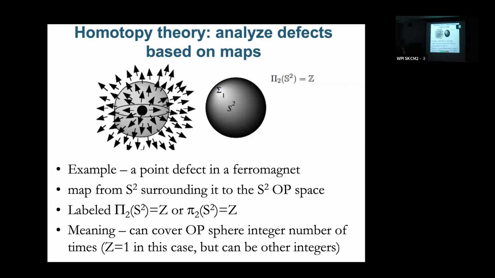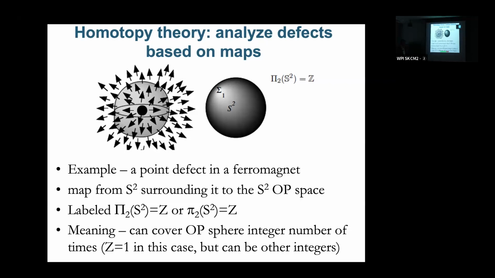This example here would correspond to a ferromagnet, in which case those would be Bloch points, or to a ferroelectric, or more or less any other polar system that allows for three-dimensional orientations of the unit vector field.